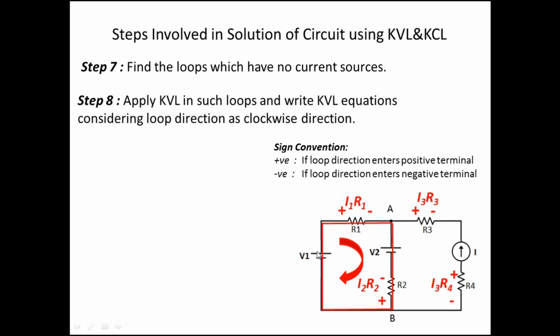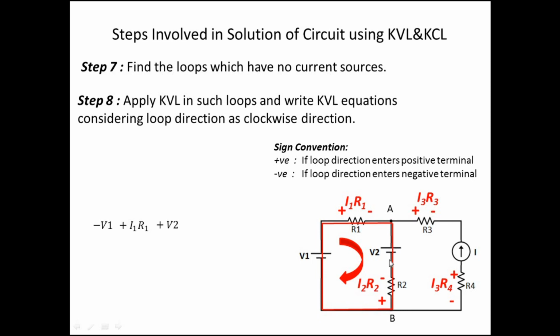So for V1, we can consider from here. The loop direction is clockwise. Moving from here, it is entering minus, so it is minus V1. For R1, the loop direction is entering plus, so plus I1 R1. For V2, it is entering the positive terminal, so it is plus V2.